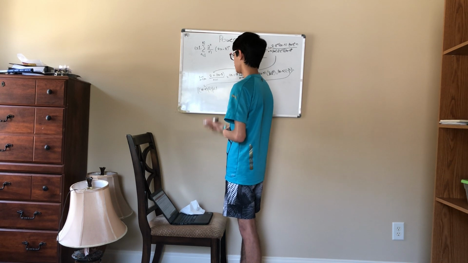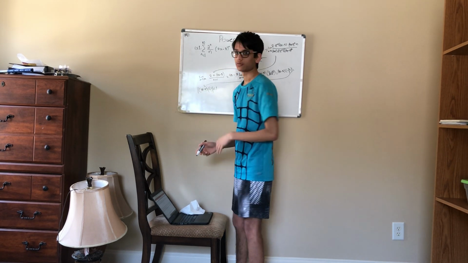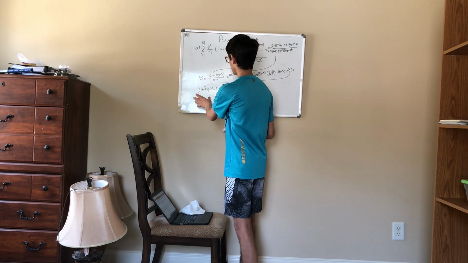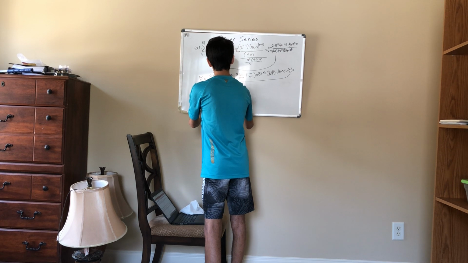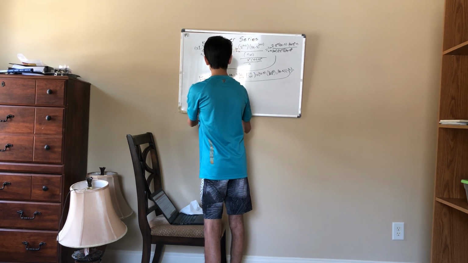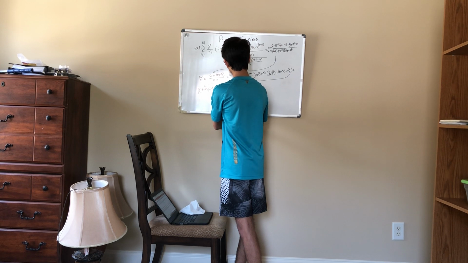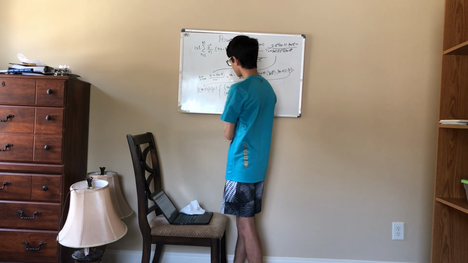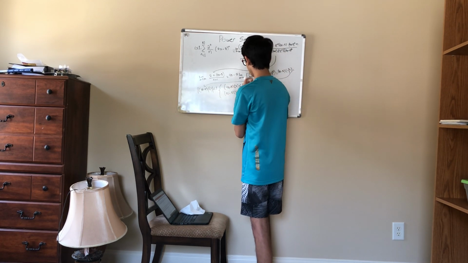So now to find what values are acceptable, you can rewrite this, and then you can pull 4 out from here.